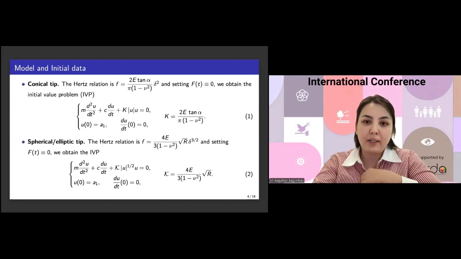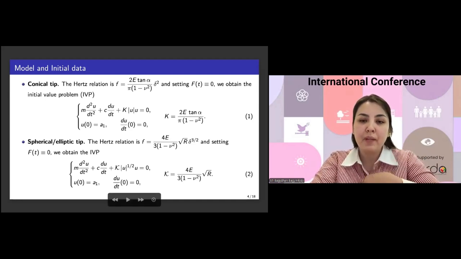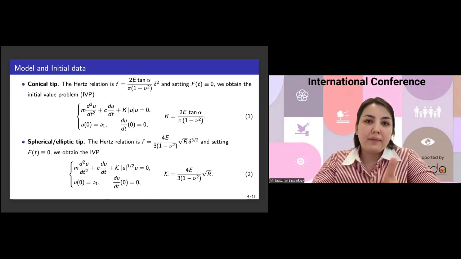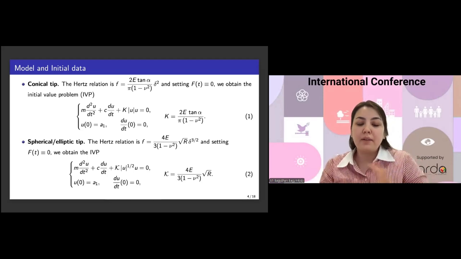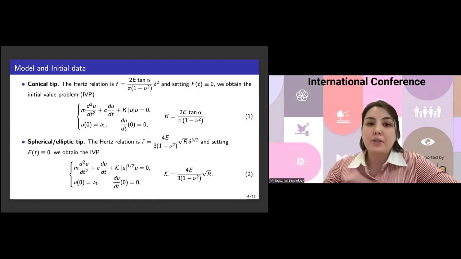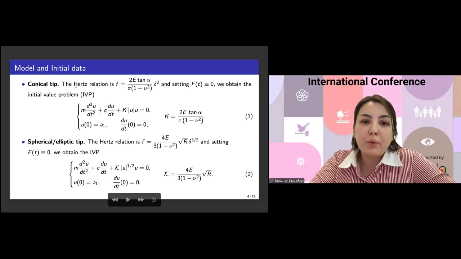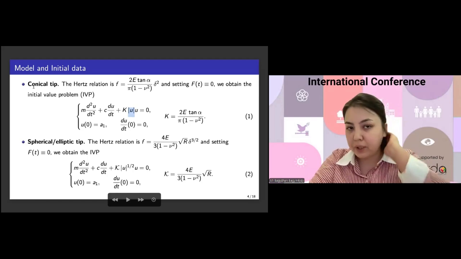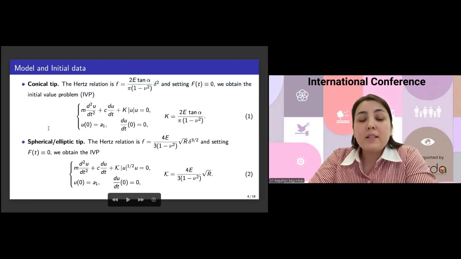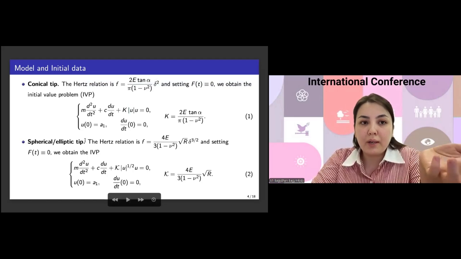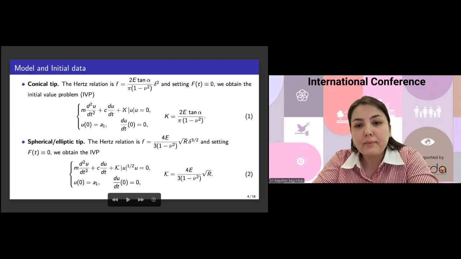mathematical model. Here you see we have two nonlinear equations. We consider two AFM tip geometries, where AFM means atomic force microscopy. As I mentioned before, in our equation we have the nonlinear part, and in the nonlinear part we use the Hertz model. The Hertz model has two types, conical and spherical.